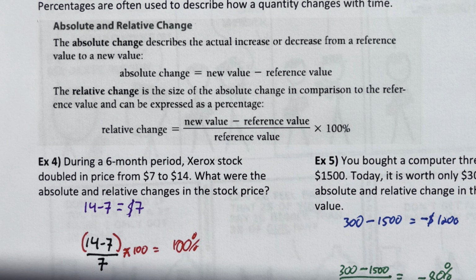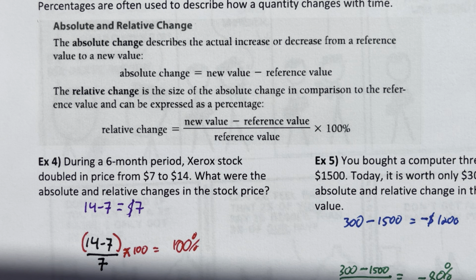So there's a 100% increase in your stock prices. Now, notice, since there is a subtraction sign in the numerator, you absolutely must, if you would like to get the question correct, put parentheses around the numerator. Otherwise, what your calculator is going to do is it'll take 7 divided by 7 and get 1 and then subtract it, because it's going to divide first and then subtract.